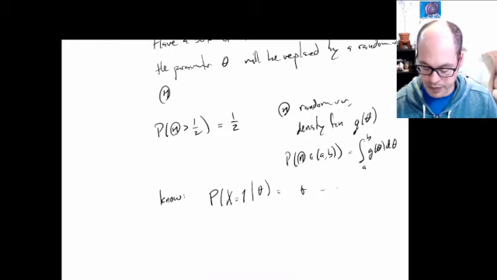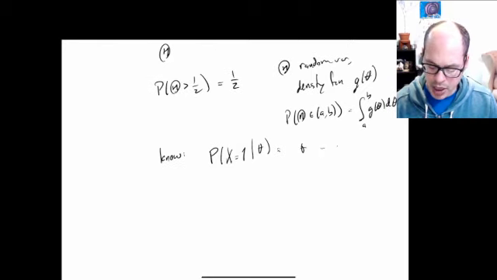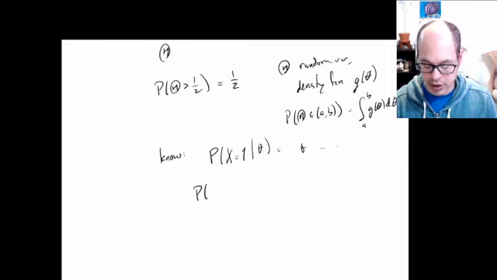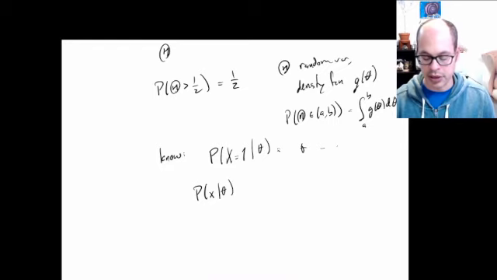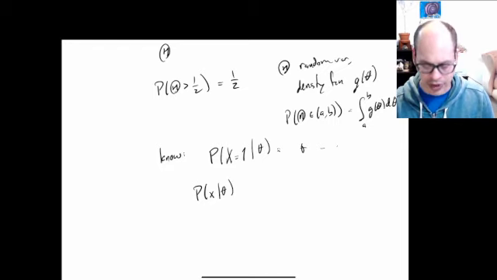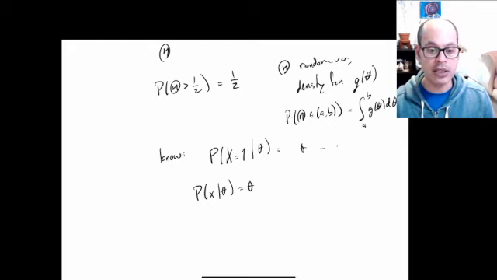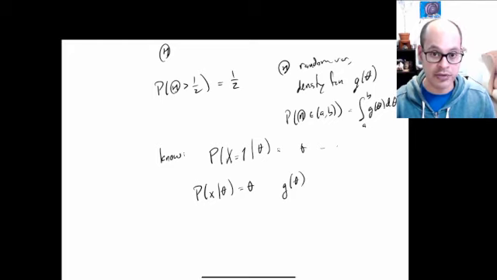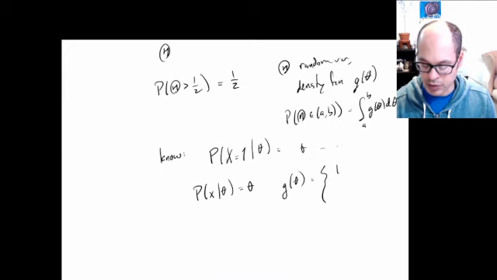And so I have a kind of joint density function, if you will, a conditional probability distribution, probability of x given theta. And this is just theta. But now I also have a probability density function for theta, which for us is 1 if theta is in [0, 1].